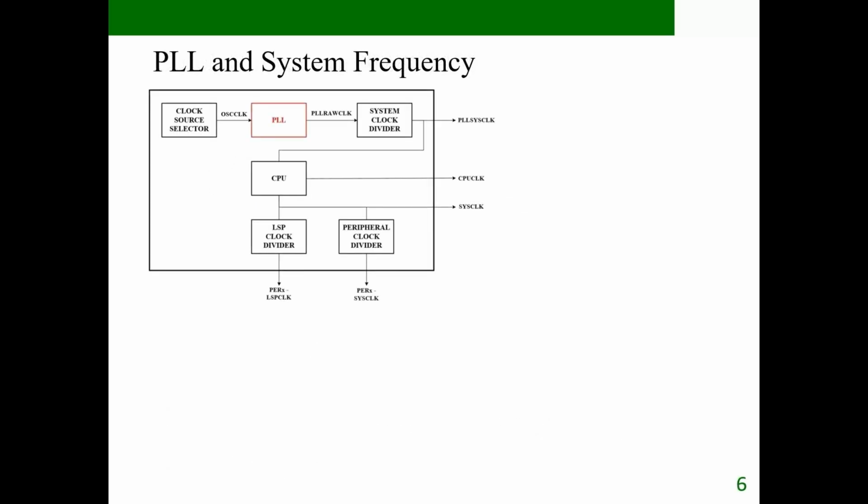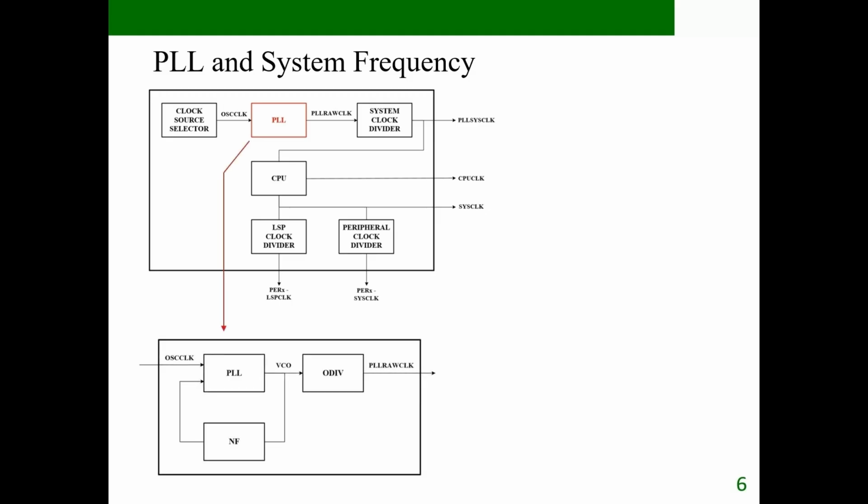In the simplified clocking system, we highlighted the PLL block. Now let's zoom in and look at how the PLL is structured inside the F280049C. At the input, we have oscillator clock, which comes from the clock source selector.